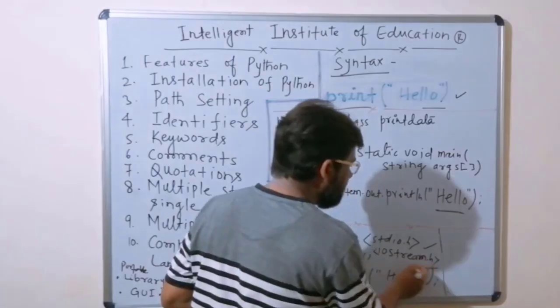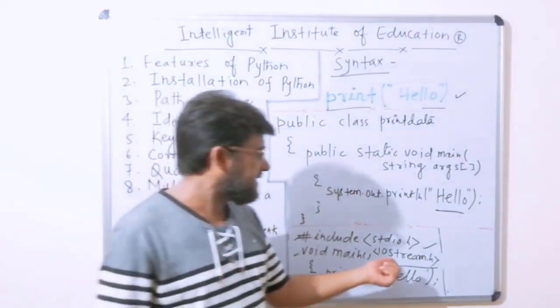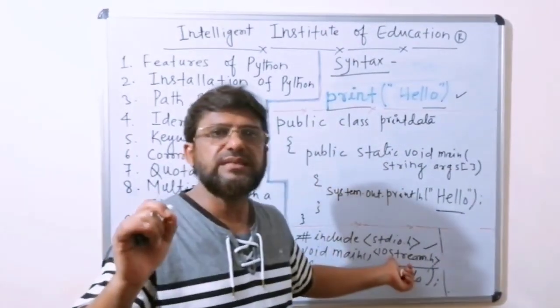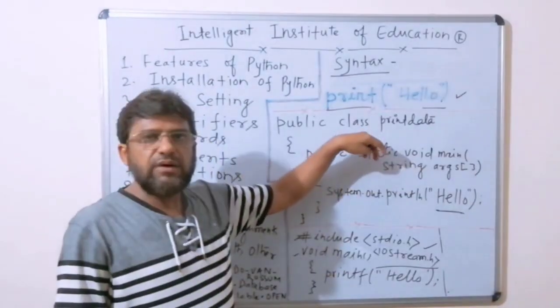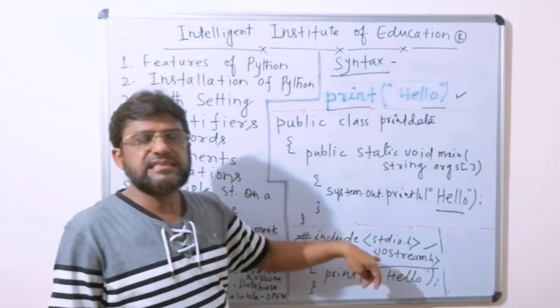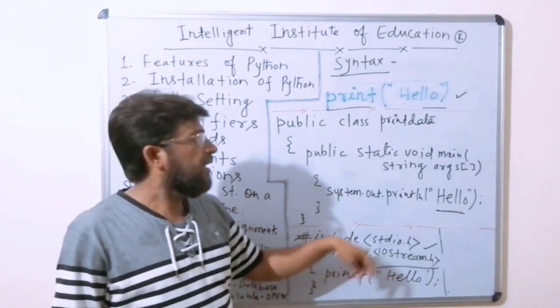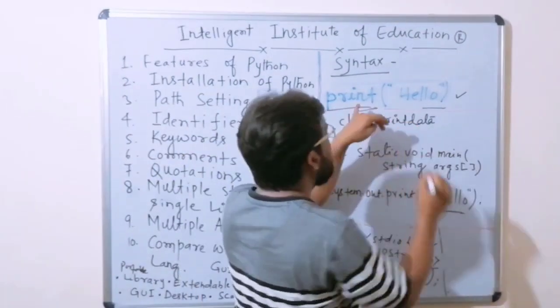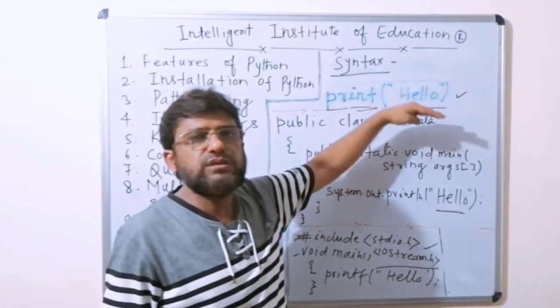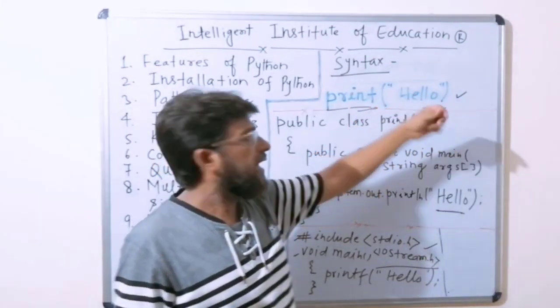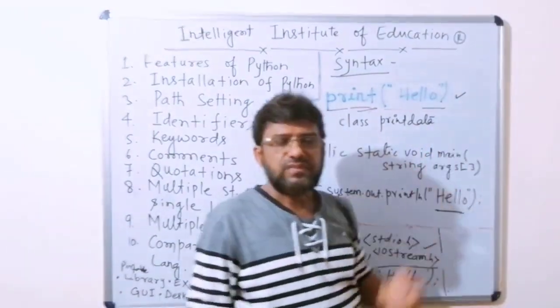When we use C++, we have to change the header file, that is iostream.h. So I want to explain here that Java requires 3 lines, C and C++ also require 3 lines, but Python requires only 1 line, print hello or any statement, and execute this Python program and get the result.